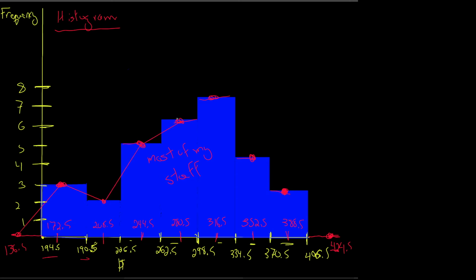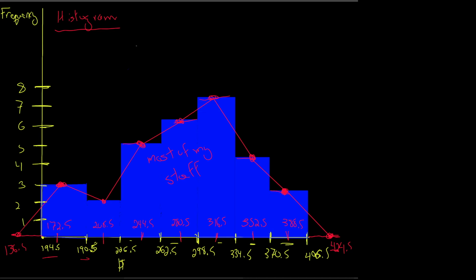And what we're going to be doing with polygons and the connecting of the dots is it now tells us how the data changes. Again, just seeing the polygon with all of the histogram not there, it tells me how quickly I go from my 0 point to the first piece of data.